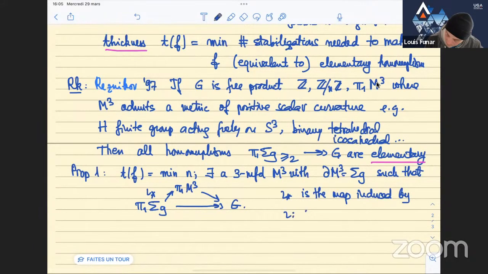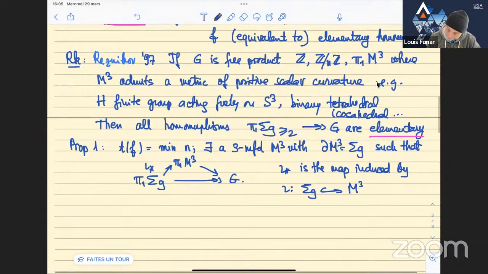By the inclusion from sigma G inside M3 as the boundary. So actually, that's a geometric way to see. And who's n?